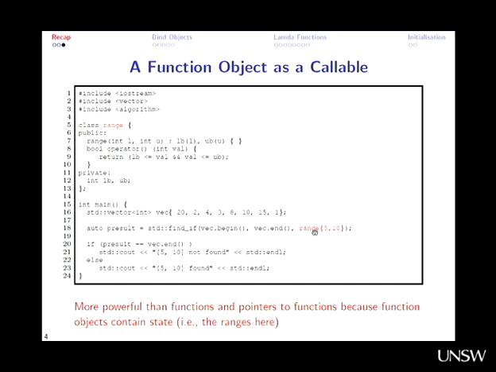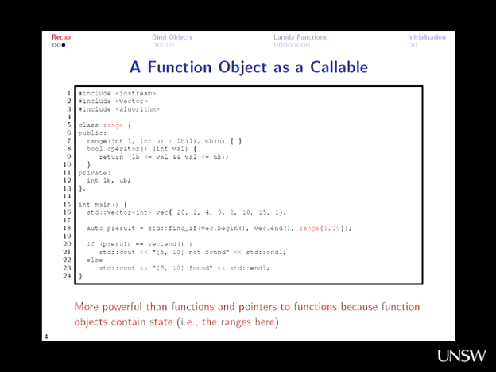And so we can construct that function object as a temporary object at that point inside this find_if. Okay? And we said function objects are more powerful than pointers or functions because they can contain state, e.g. in this case they contain the range. Okay, so function objects are very powerful. Okay, so that's whereabouts we're up to.